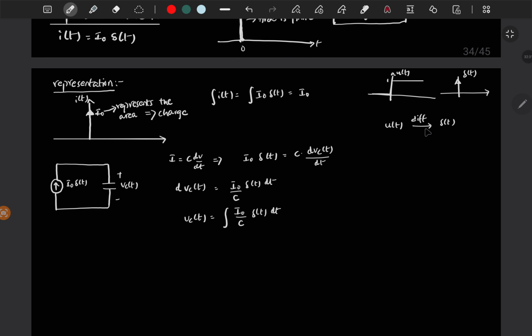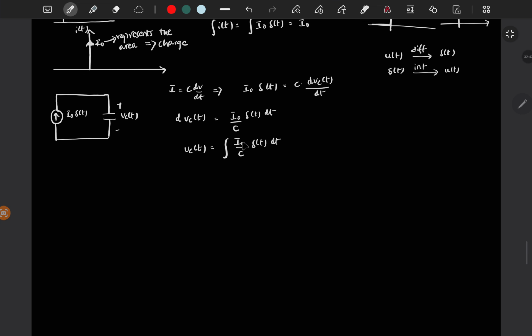If you differentiate U of t, you will get del of t, which means if you integrate del of t, you will get U of t. I naught is constant, which is the finite area, right? So Vc of t is I naught by C U of t.